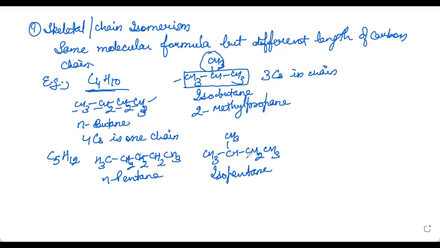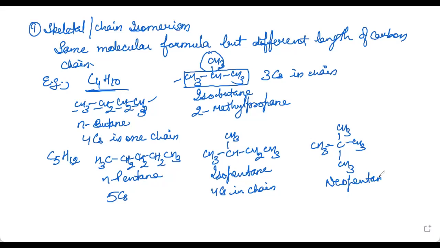Write the IUPAC name of this compound yourself. All right. Now here we have 4 carbons in the chain. Here we have 5 carbons in the chain. Now let us write the formula for neopentane. In neopentane, how many carbons are there in the main chain? 3 carbons.